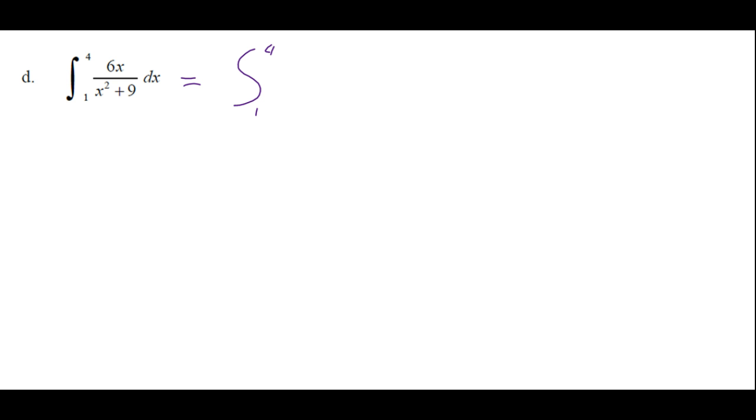So let's split this up and treat it as 1 over x squared plus 9 times 6x. So, what are we going to do? How do we get a 1 over x squared plus 9?